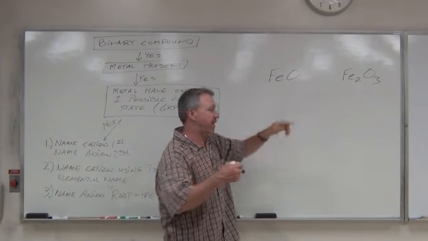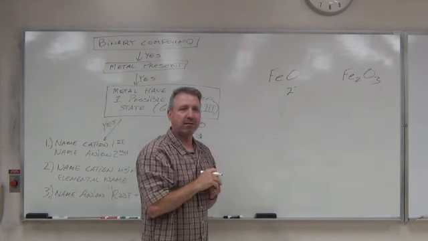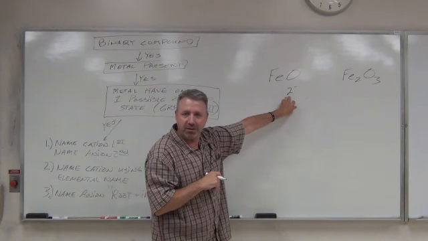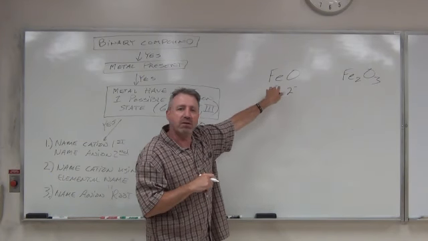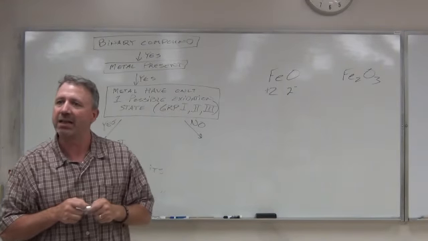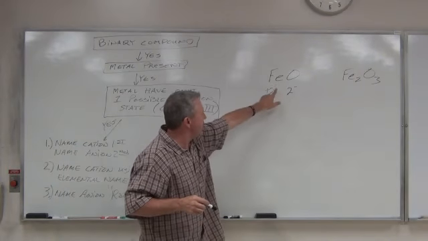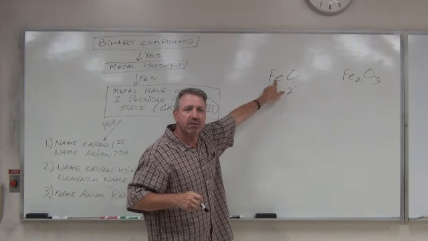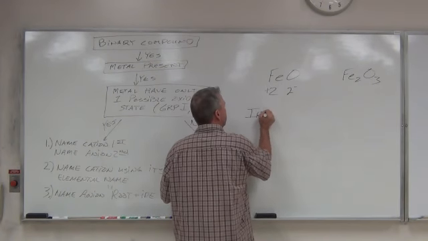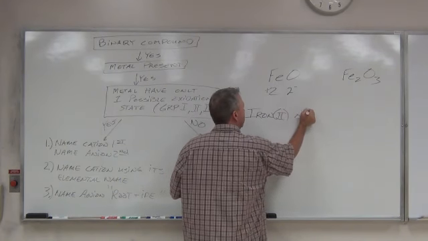Negative 2, right. How many do I have in the formula? 1. Which means my total negative is negative 2. In order for this to be neutral, my total positive must be positive 2. How many irons do I have to come up with that positive 2 charge? From the formula, 1. This is iron(II) oxide.